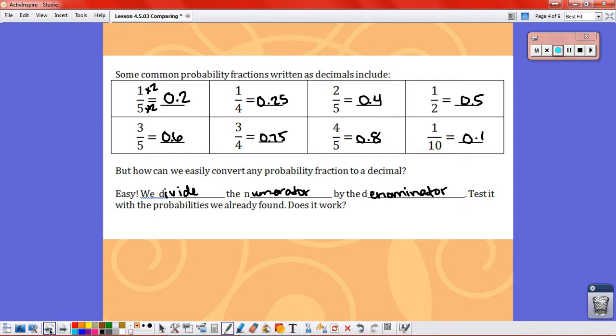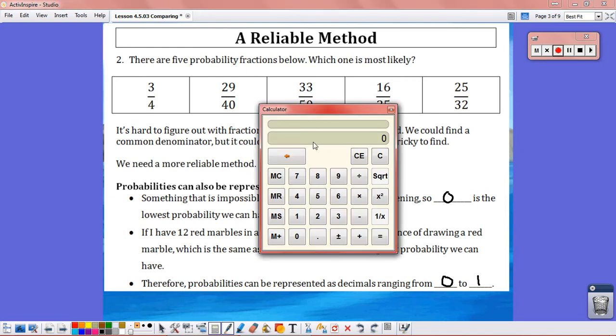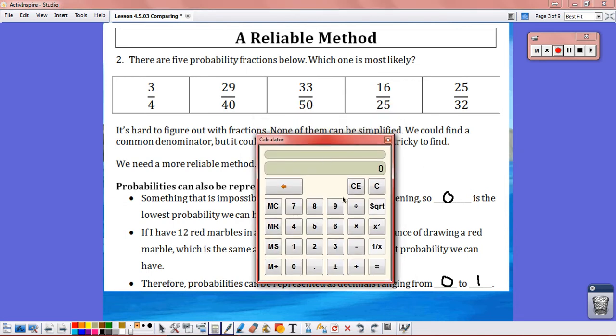And then we go back and we see how it can help us order these fractions, because these are not simple, not quick and easy, but we can convert them into decimal fractions, or decimals, by using division.